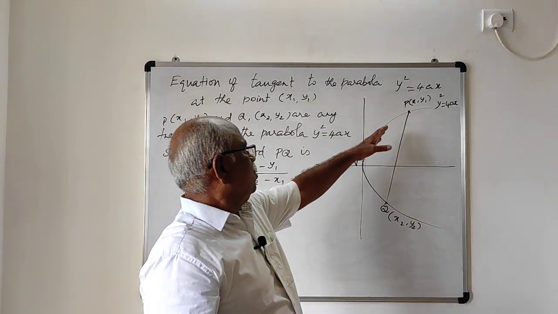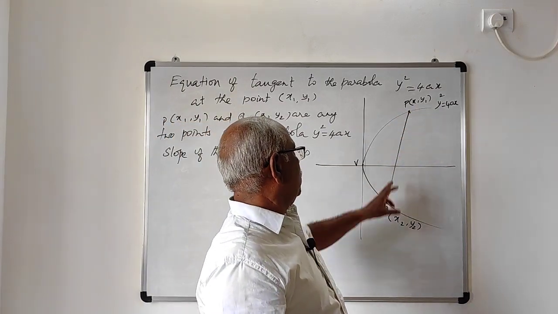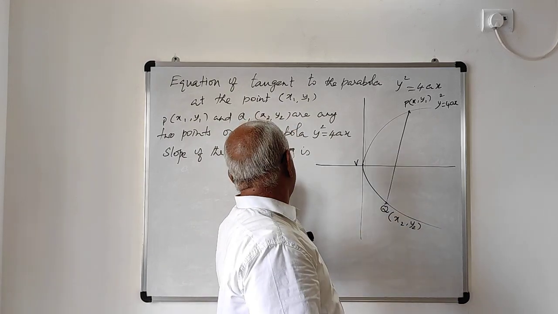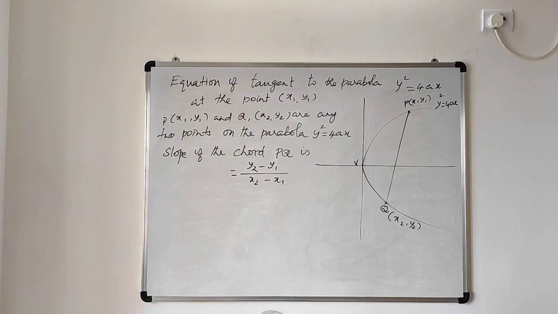P x1, y1 and Q x2, y2 are two points joining the chord PQ, and the slope of the chord is the difference in y coordinate by the difference in x coordinate.